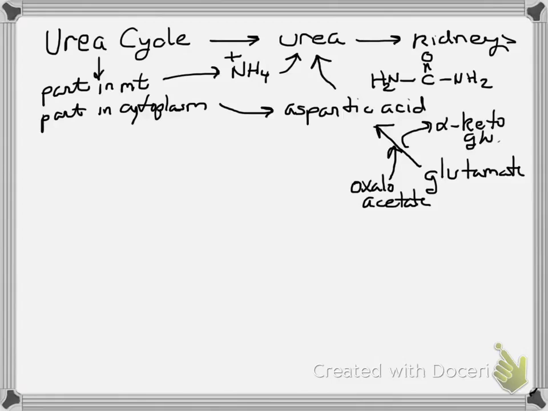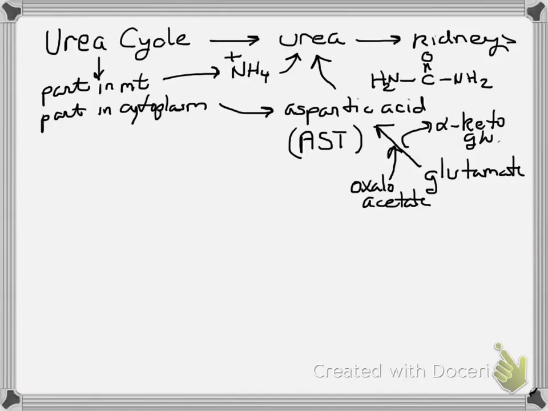This is a transamination reaction. Oxaloacetate is the alpha keto acid of aspartic acid, and alpha ketoglutarate is the alpha keto acid of glutamate. So a transamination reaction happens by the enzyme AST, aspartate aminotransferase.